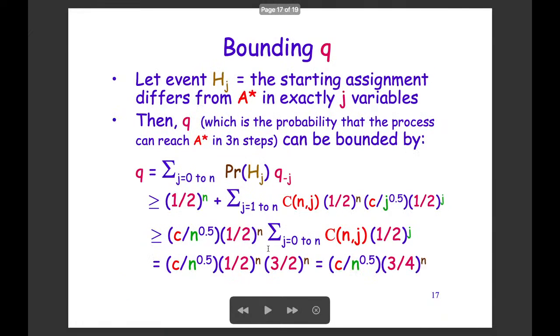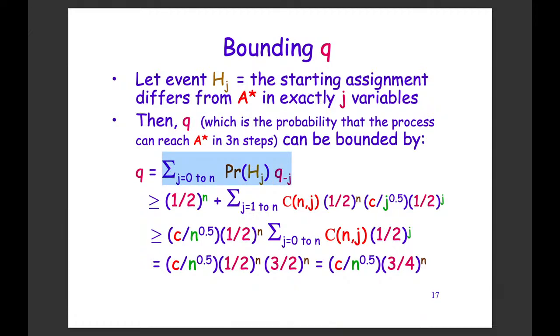And so for the probability of Q that we want to compute, first of all, we want to find out what chance we have of starting with an arbitrary assignment that is J steps away from the optimal. With this probability happening, there is then at least Q minus J chance for it to go to the final state.